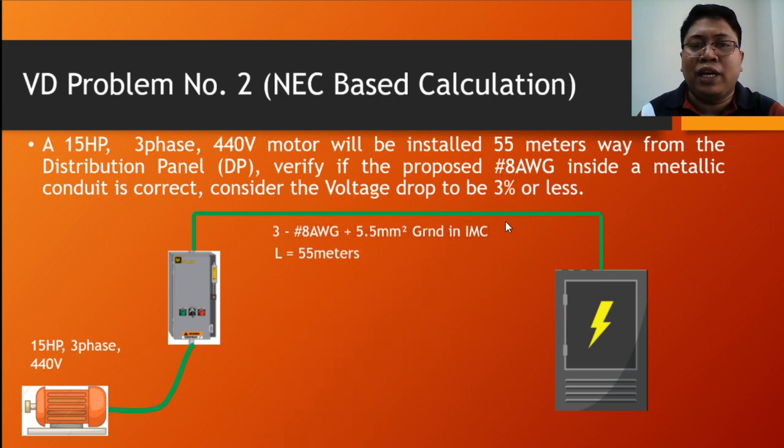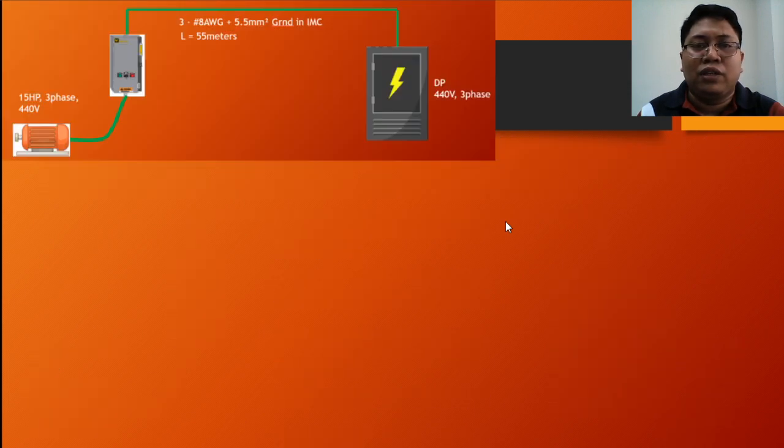So, verify pa rin natin kung okay yung number 8. Kanina, if we will recall the result, lumabas dun sa ating calculation na 5.5 mm squared is enough when we calculate the voltage drop. Yung number 8 niya rito, medyo malaki na yan. Pero tingnan natin dito sa NEC approach kung parehas ba na magiging result.